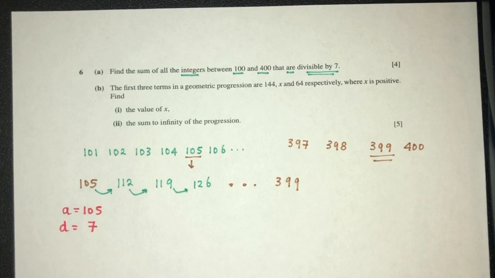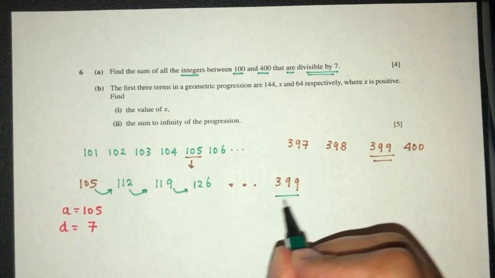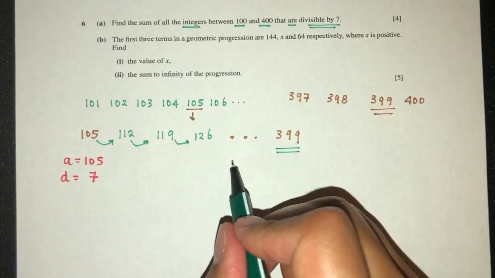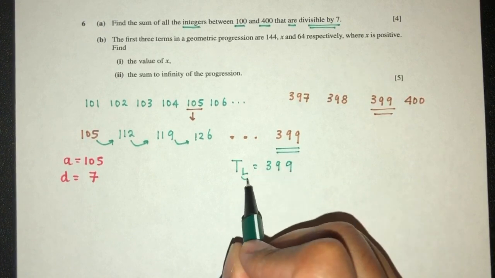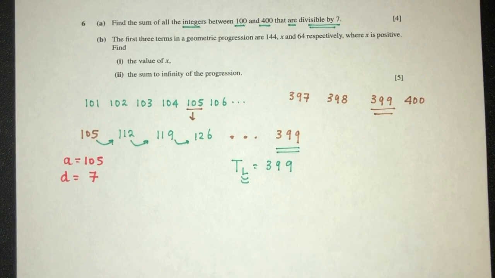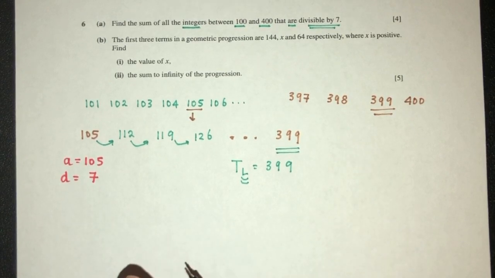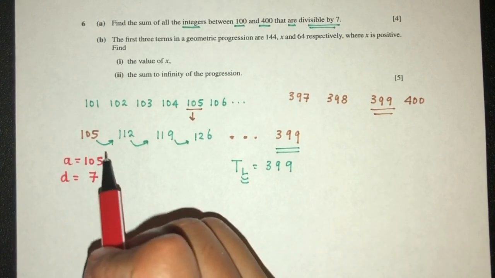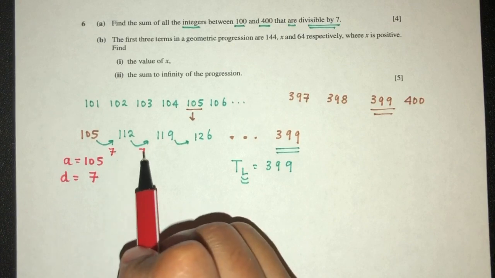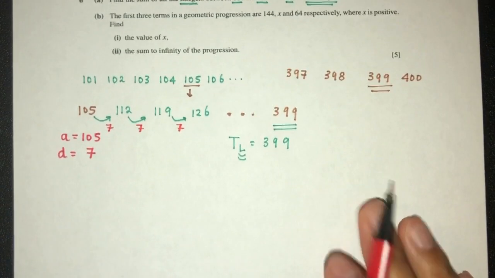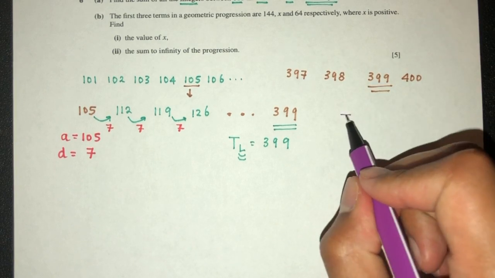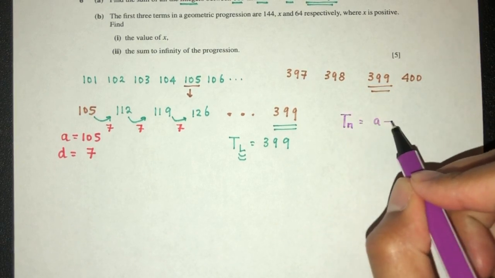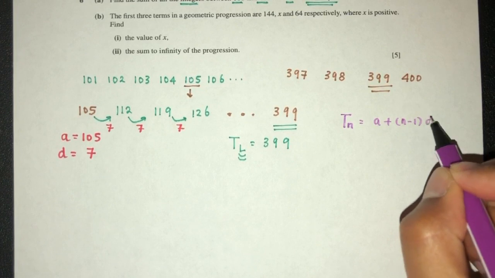Now we have to find out which term the last term is. The last term is equal to 399. Again, this is an arithmetic progression because we are increasing by 7 equally every time. By using the equation given to you, the nth term is a plus n minus 1 times d.